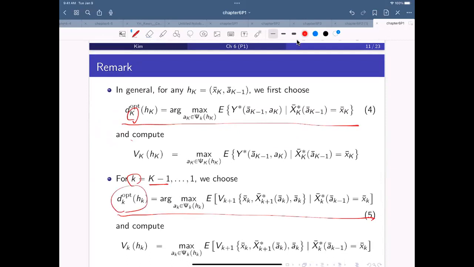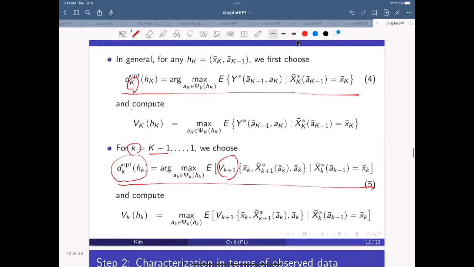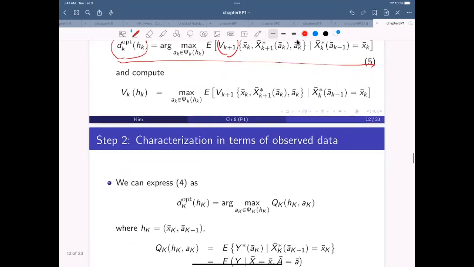But in order to do that, you need to update your value function V using the conditional expectation, using the Q function, essentially.